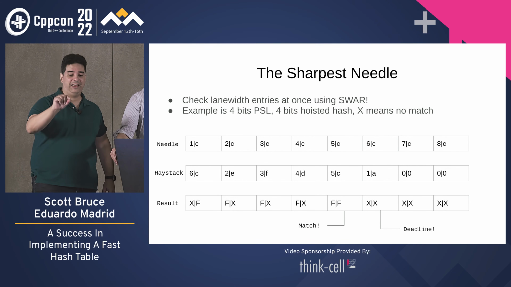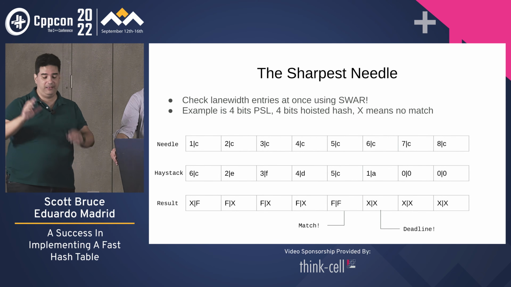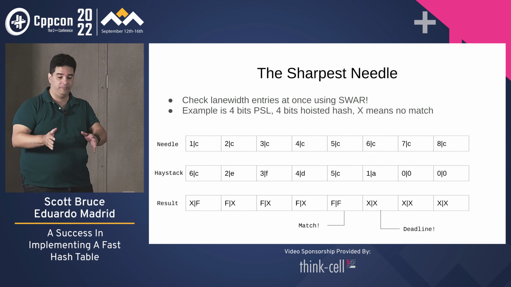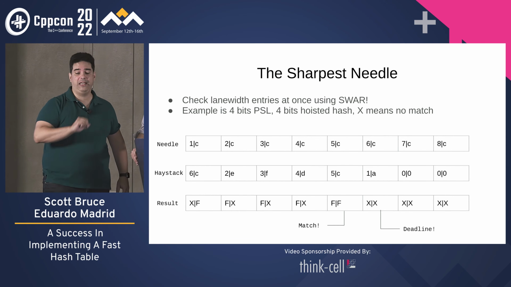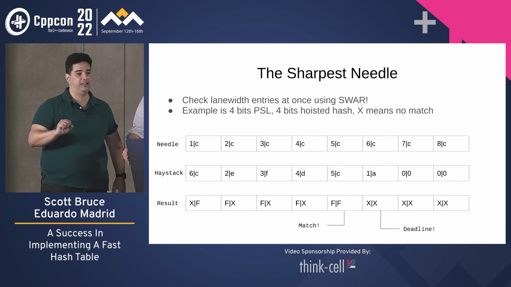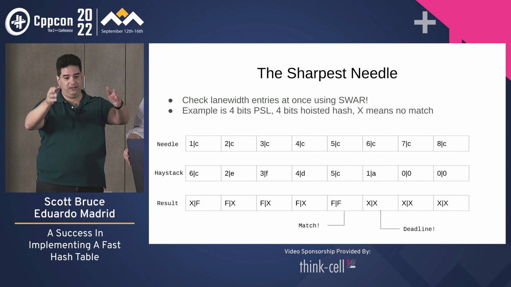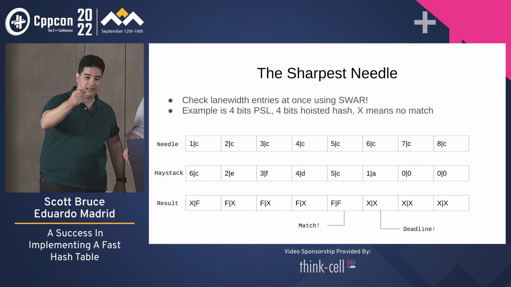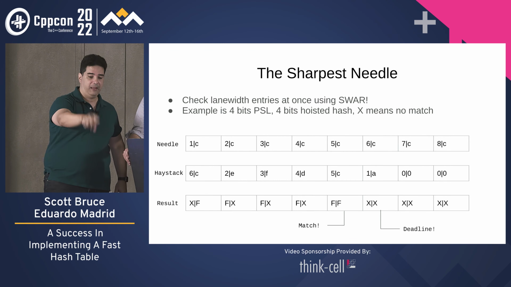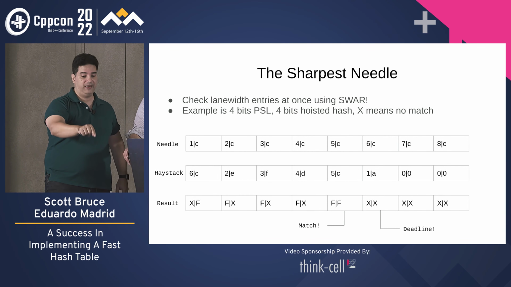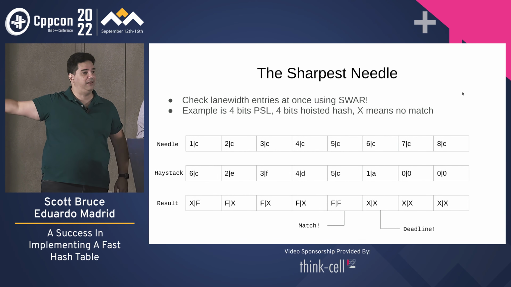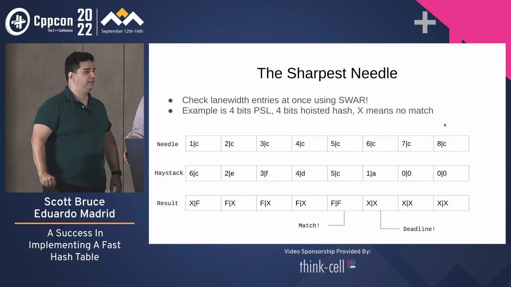So that means that position is the earliest place where the Robin Hood invariant would be broken, and therefore, that is the termination of this particular find. With this needle and this haystack, we know that we have reached a conclusion. Either the potential match that we have identified will lead us to a key that actually compares equal, or the key is not in the table.